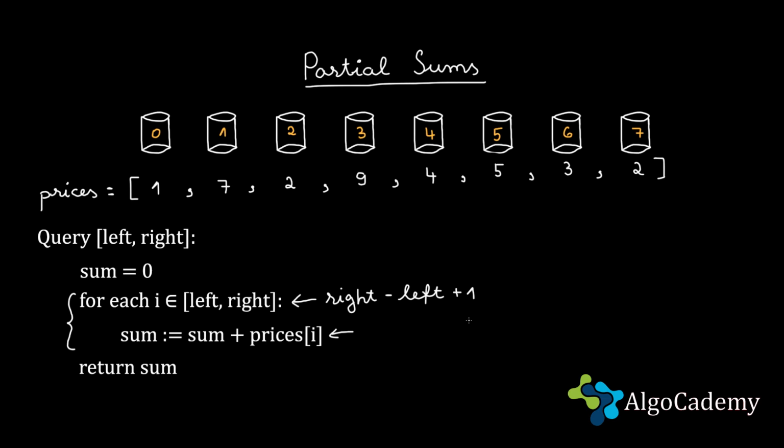And of course, for that, we take the worst case scenario. So because right minus left plus 1 is in the worst case scenario when left equals 0 and right equals n minus 1, so we want to acquire each and every server, this one will be less than or equal to n. So in the worst case scenario, we are making n iterations for each query. So we answer each query in a total time complexity of big O of n, right?